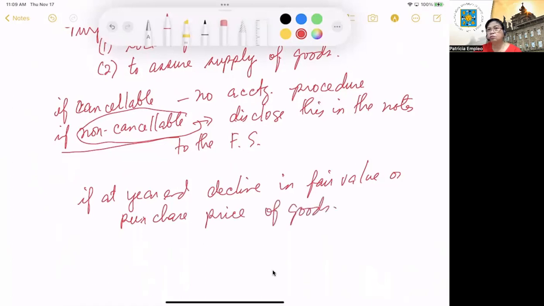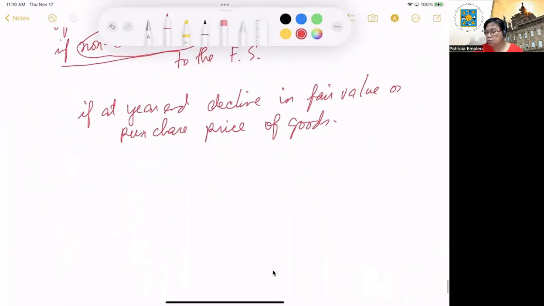Why is that so? Because we are applying the principle of prudence, we are applying conservatism. To exemplify, we will be using the last exercise in your book before the multiple choice. That is 1-30.